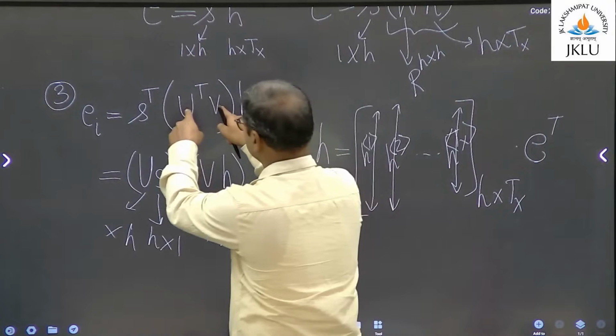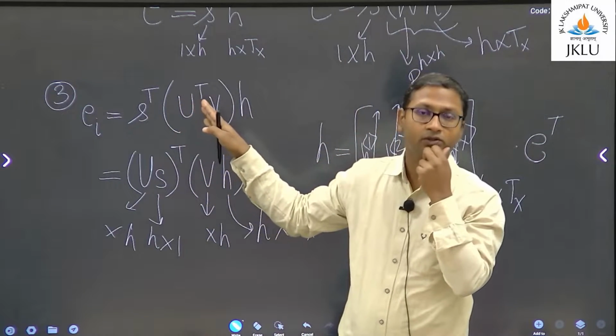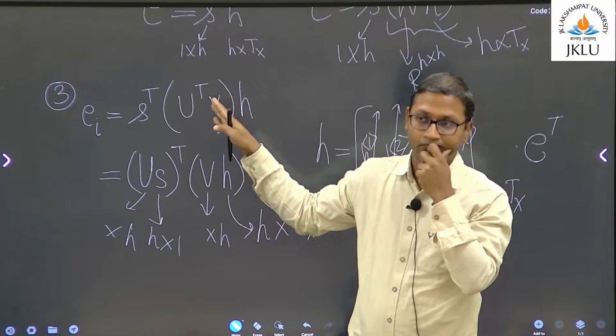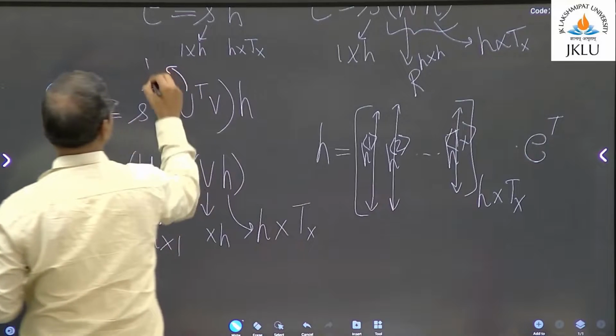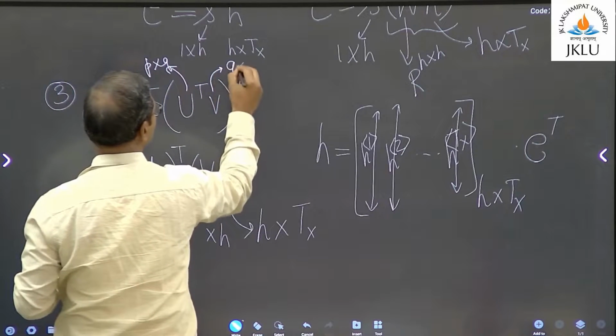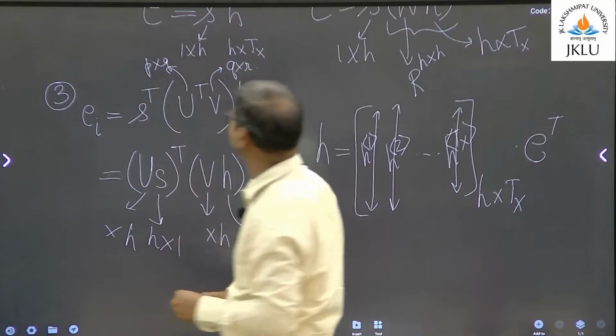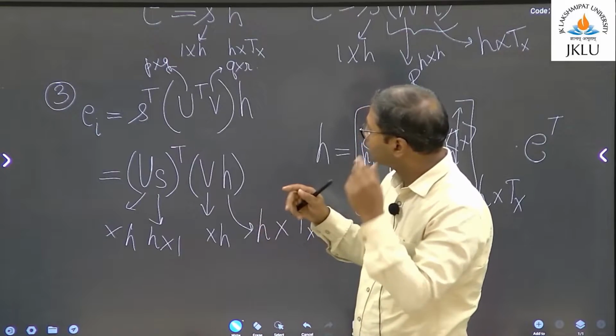So wait, this is also fixing it. So the number of what and what? So if this is P cross Q, then this guy must be Q cross R. So, 1 cross H or, okay, H cross 1.